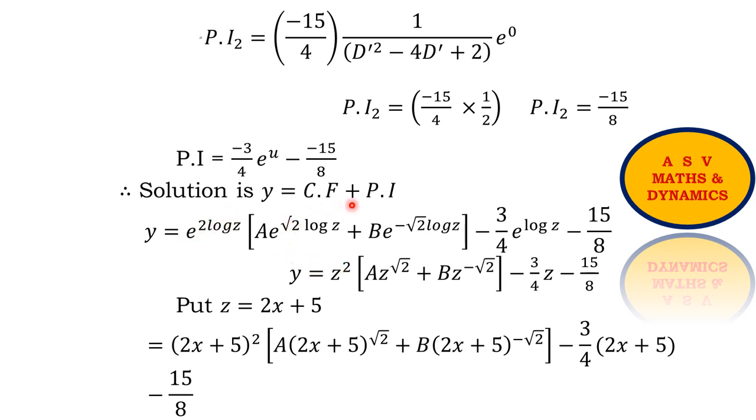Here also, z power root 2 plus b z power minus root 2. Then here the e and log cancel, so it is 3 over 5 z minus 15 over 8. In the first case we take z equal to 2x plus 5. So now you have to apply it. This is the final answer to the problem.